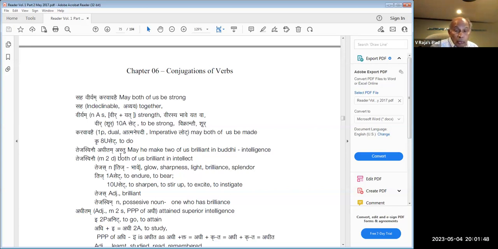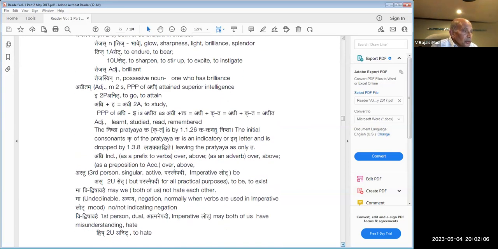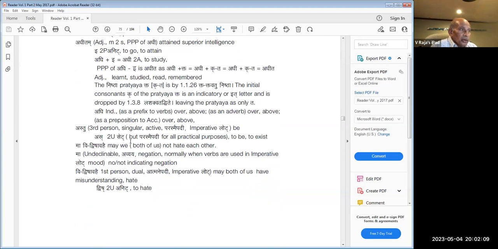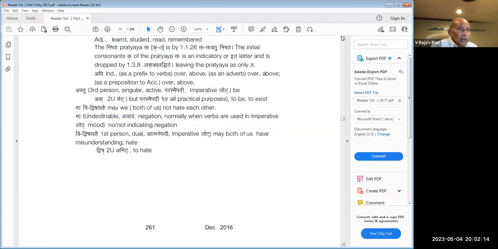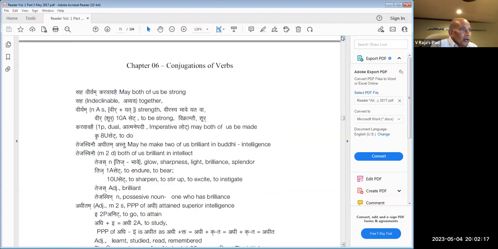But if it is a luk drop, its existence is completely removed. So as plus tu is astu, and it goes on, and they're all lot here. What I ask you to do is take this sloka and change all the lots to vidhiling and see how it looks. I hope you have done that.